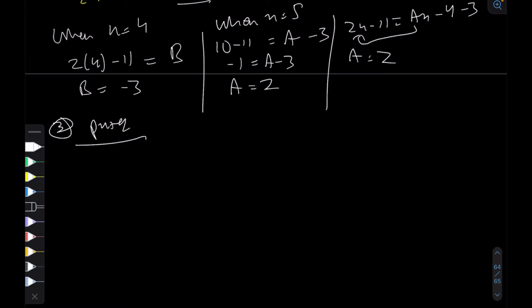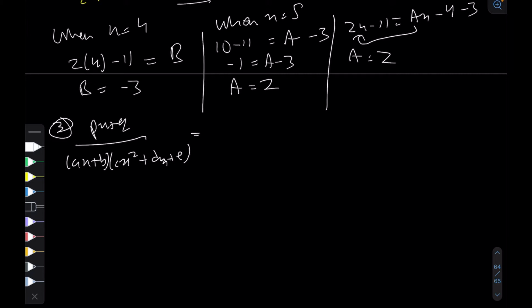So something like px plus q divided by a linear factor ax plus b, and then a factor which cannot be further reduced, cx squared plus dx plus e. So this is a quadratic.